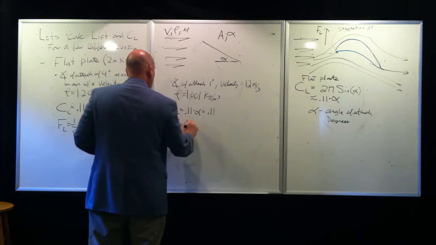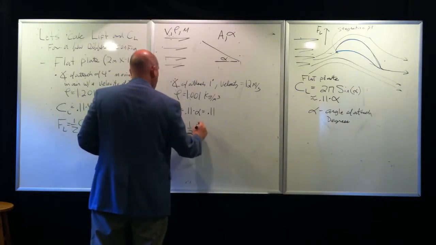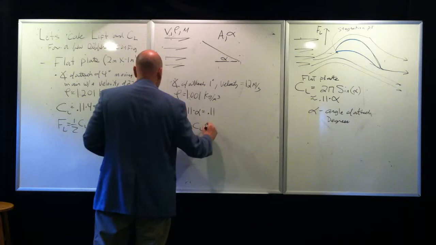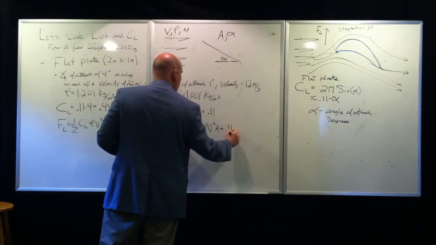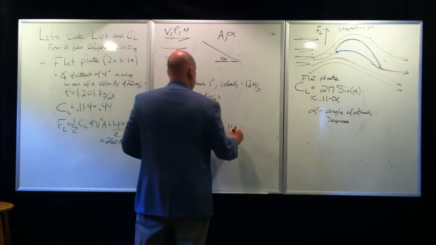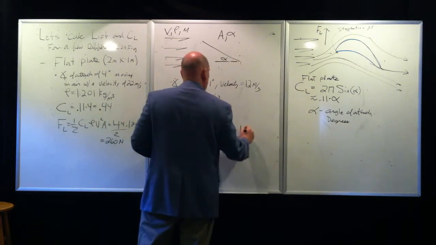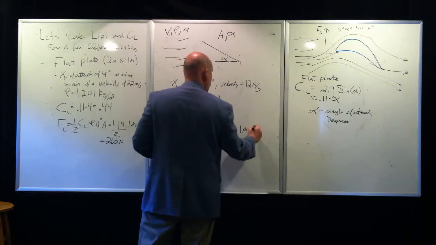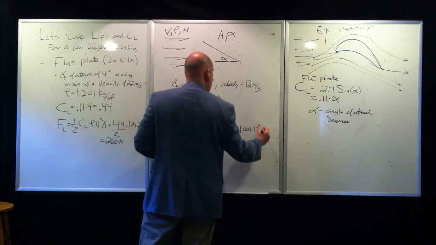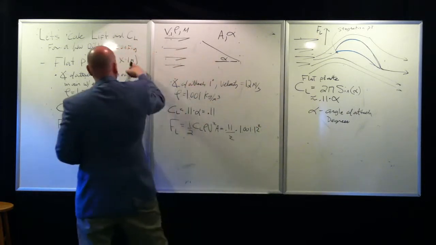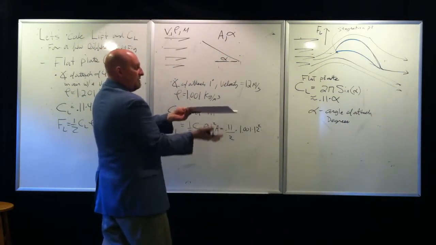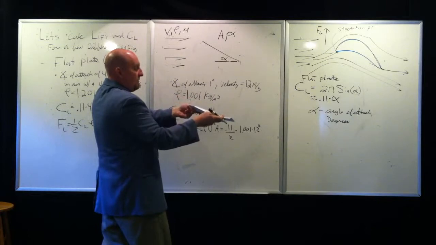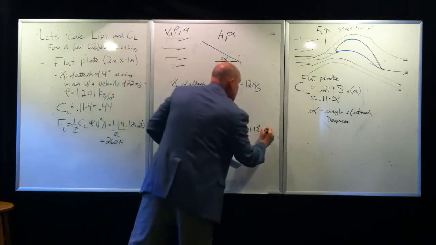Force of lift is 1/2 the coefficient of lift, rho v squared A. So 0.11 over 2, the density is 1.001, the velocity is 12, and we have to square that. And the area, the area of the profile that the force is pushed on, making a stress, but we're looking at the force over this whole area A, which is going to be 2.